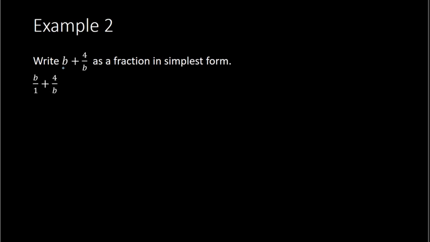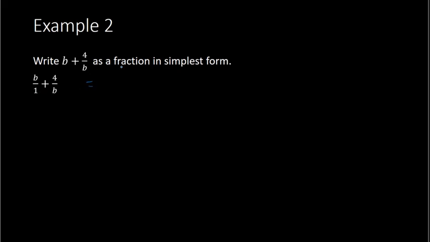Now we're going to throw in some algebra. Here we are told to write b plus 4 over b as a fraction in simplest form. So we're trying to write this as one fraction. So same process. Okay, we want to think of b as being b over 1, and then I need a common denominator. So I need to convert this first fraction into something over b.